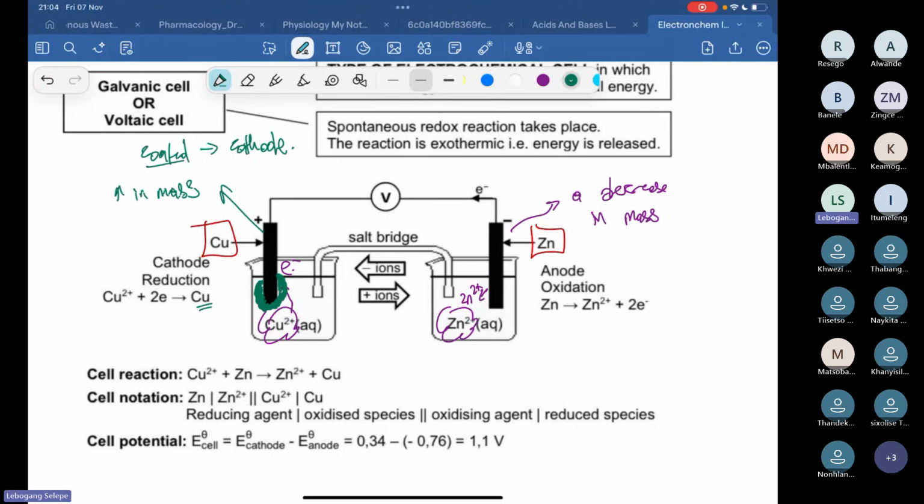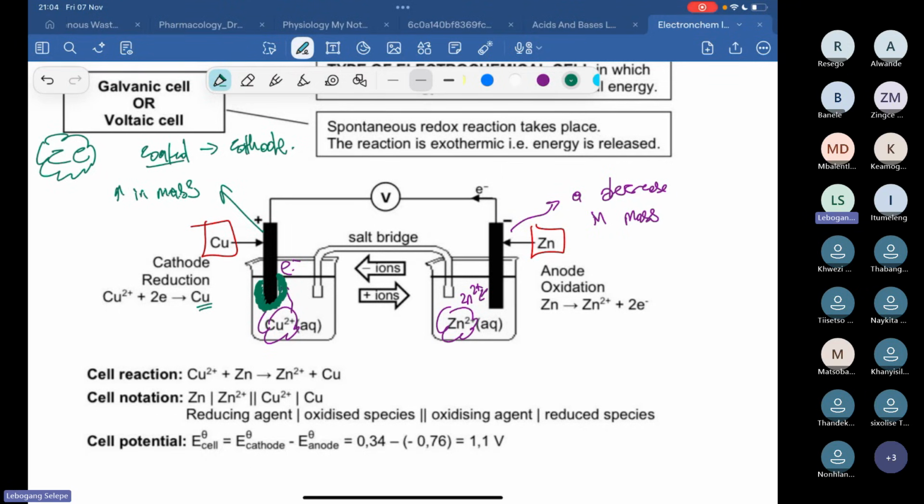CC. Remember this one. I don't usually teach mnemonics, but this one is very important. CC, the cathode is coated. Also, when you go to electrolytic cell, remember that any electrode that is being coated is a cathode.